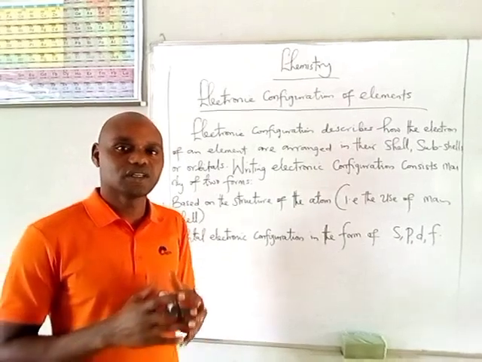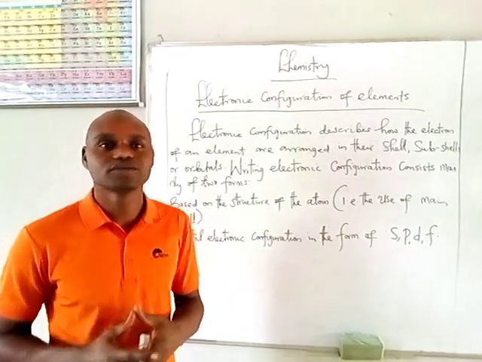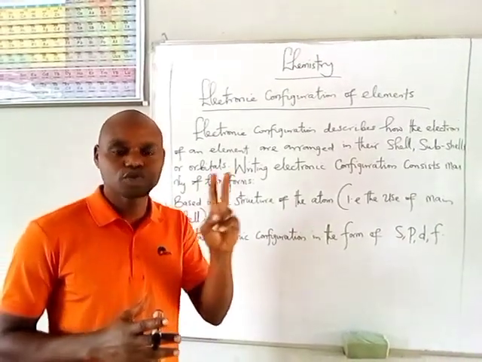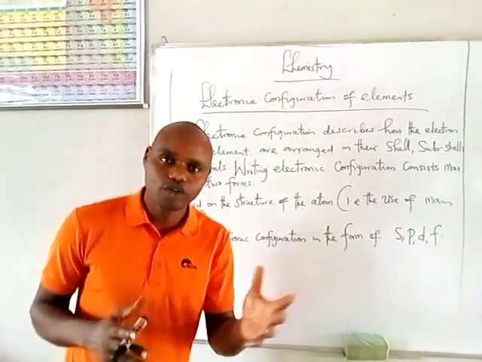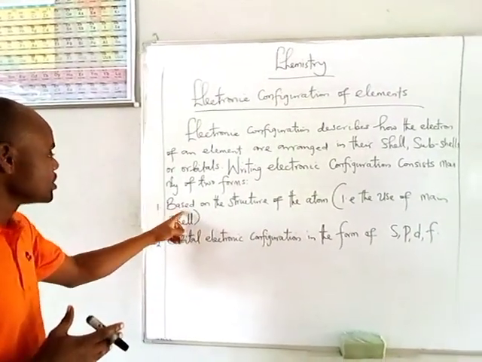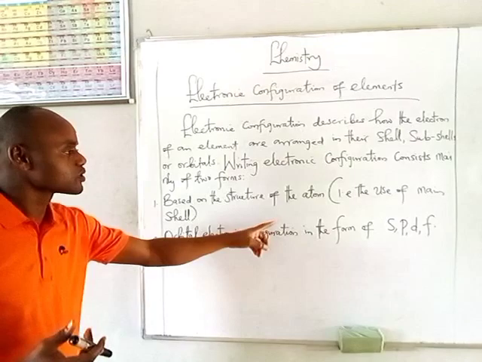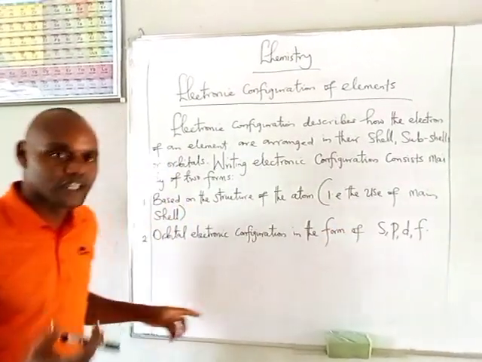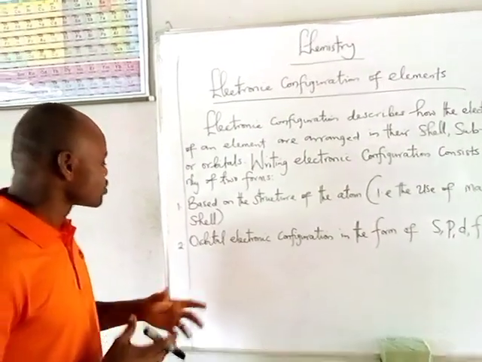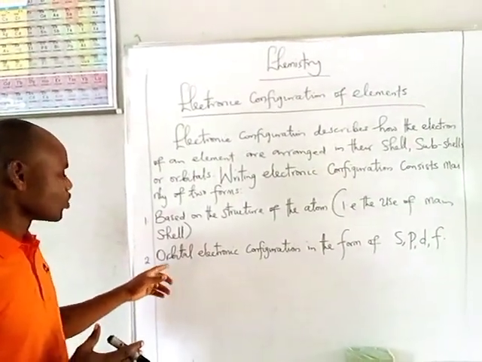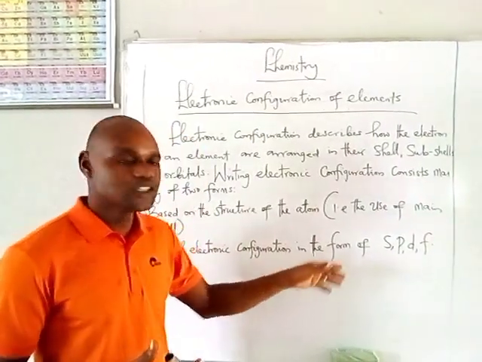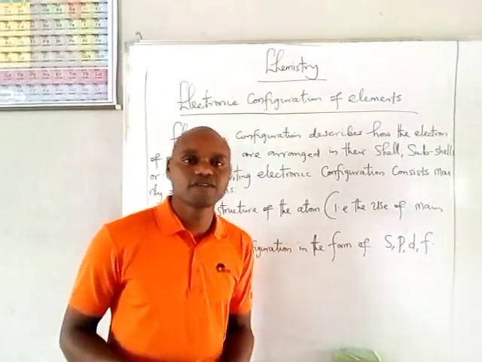And in writing electronic configuration, you can make this possible in two different ways. One of them is what we can see here on the board, based on the structure of the atom. That is the use of main shell. Similarly, you can also achieve this when we make use of orbital electronic configuration in the form of SPDF.